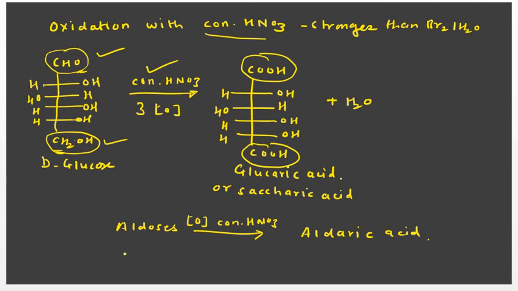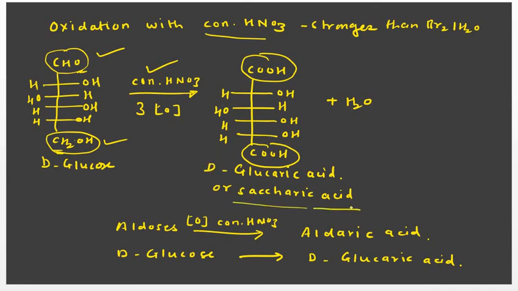Like D-glucose is converted into D-glucaric acid in this way. So when D-glucose is oxidized by using concentrated nitric acid, D-glucaric acid is formed, and the name of this D-glucaric acid is saccharic acid as well. Okay, so this is the reaction of D-glucose with concentrated nitric acid.